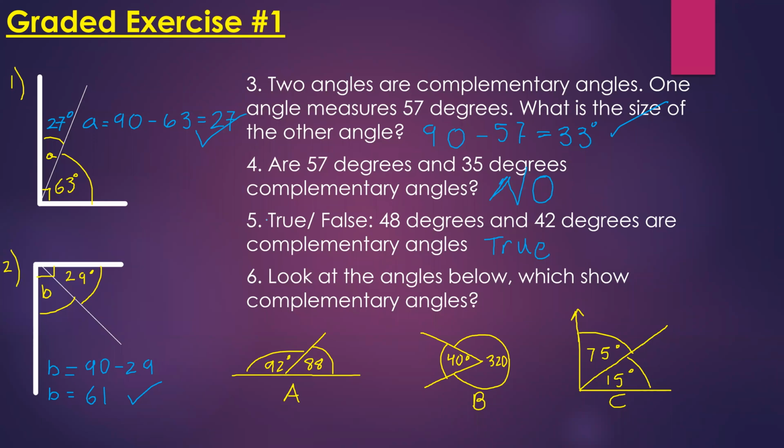Which one? Letter C. Very good. C shows complementary angles. Why? Because they add up to 90 degrees. Very good.